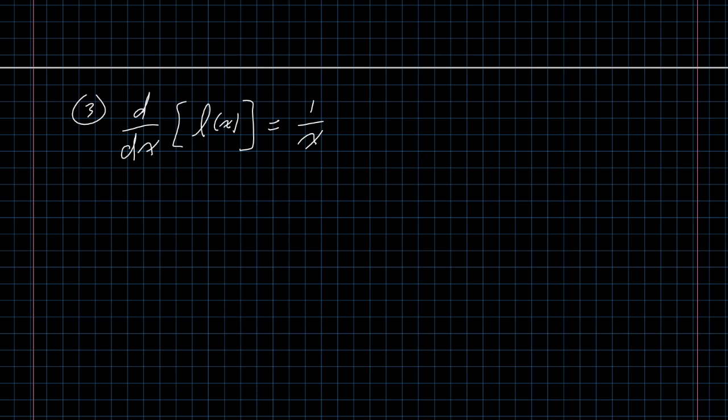Now we know when x is equal to 0, this function is undefined. When x is greater than 0, the derivative will be greater than 0, which means that this function is monotonically increasing.